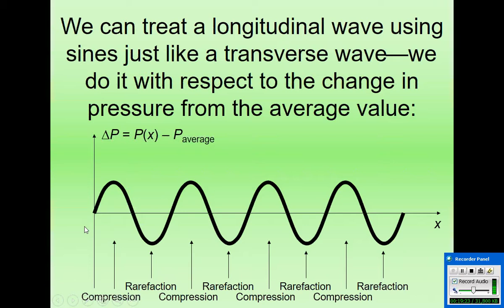What we have on the screen is a plot of delta P, the change in the pressure. If the change in the pressure is positive, there's compression. If the change in the pressure is negative, there's rarefaction. And so we see alternating regions of compressions and rarefactions, and we see the wave-like behavior manifest in this format here.